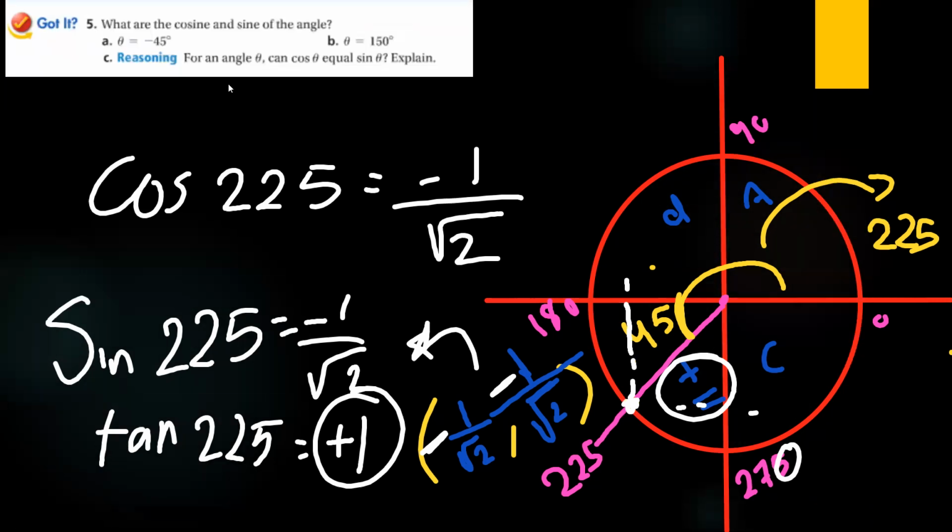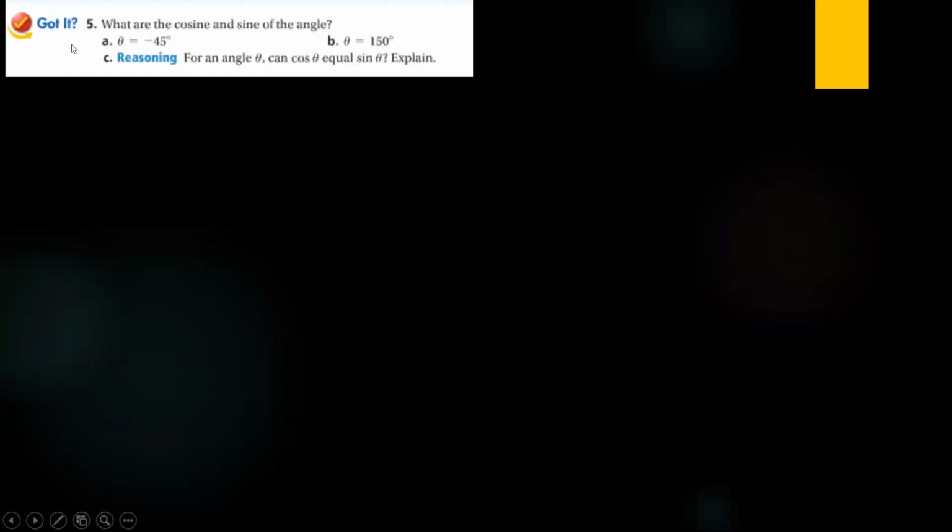Now, what are the cosine and sine of the angle negative 45? Let's draw it now here to see what the cosine and sine are for it.